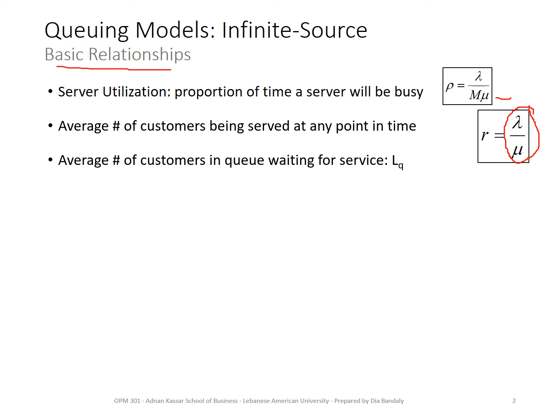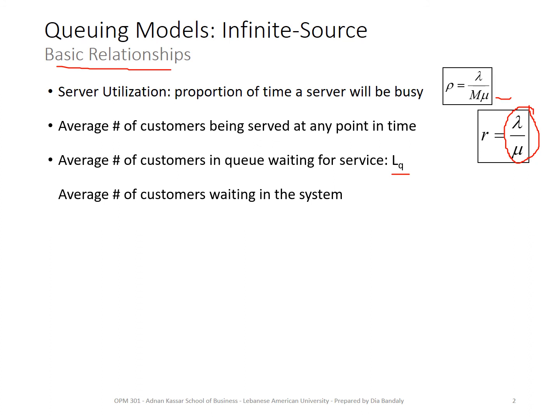Average number of customers waiting for service, this is LQ. This one we don't have a general formula for because it depends on the model itself. So that's why we need to wait. Whether we have a single server, LQ will be different than the case when we have multiple servers. Number of customers in the system, this is LS, and this is related to LQ, right?